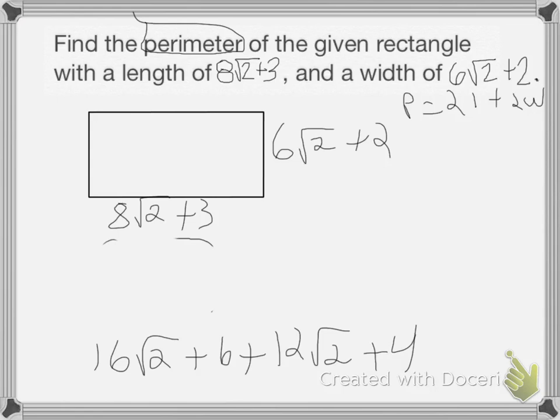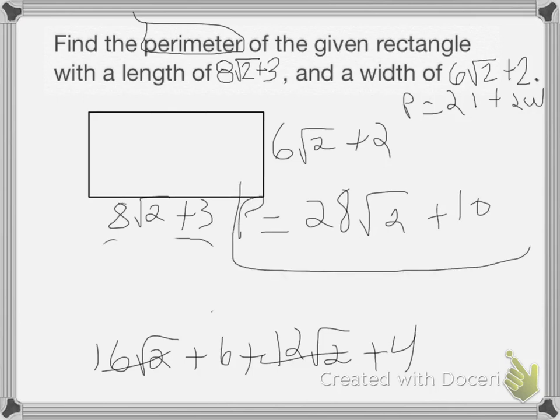So 16 plus 12 square root of 2, that'd be 28 square root of 2. And then 6 plus 4 is 10. So your perimeter is 28 square root of 2 plus 10.